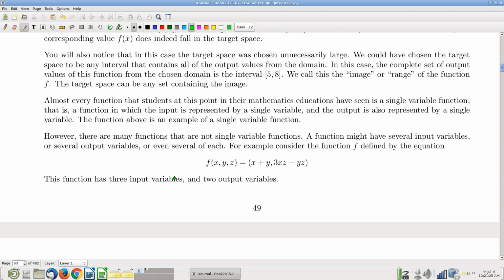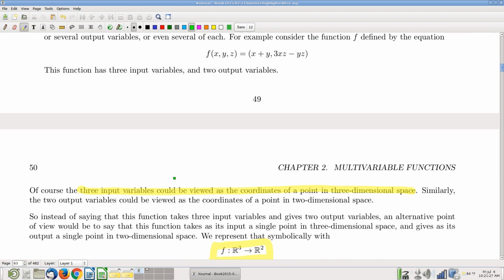Now here's a convenience of notation, and that is, let's think about these 3 variables that go in. I could think of this as 3 real numbers, and I suppose that's fine, right? But let's think now momentarily a trio of real numbers. What's an alternative way to think of a trio of real numbers? I can think of a trio of real numbers as a point or a vector in R3.